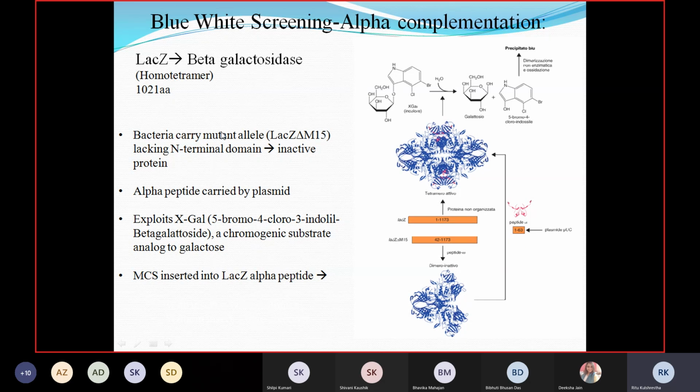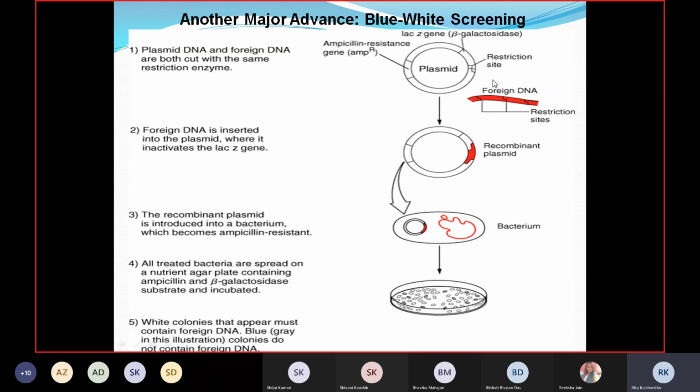So in a way they have divided the whole polypeptide of lacZ into two different fragments. One is the mutant allele which lacks the initial N-terminal domain, while the N-terminal domain which codes for the alpha peptide is present in the plasmid. They have also added the MCS site in the middle of the alpha peptide region in the plasmid.